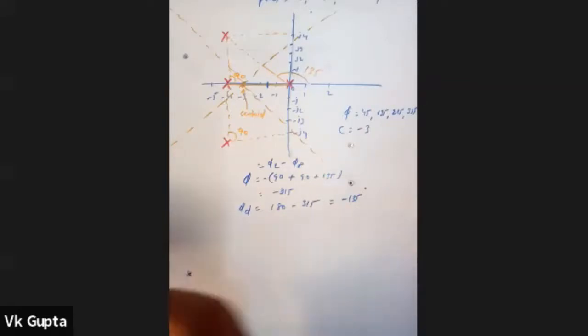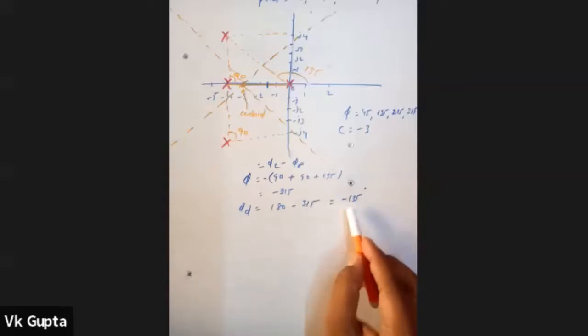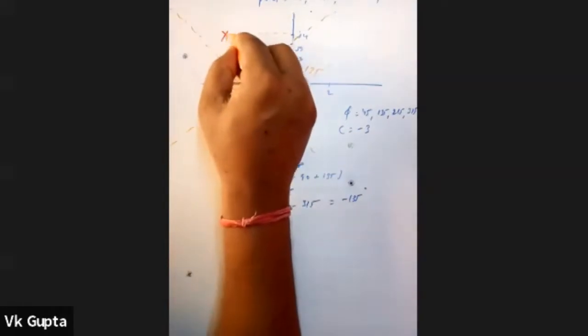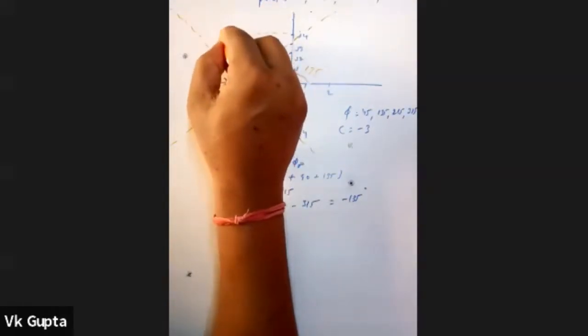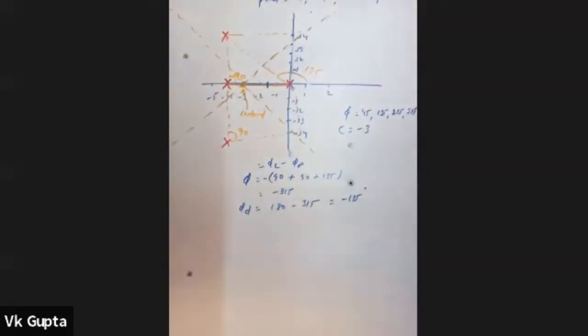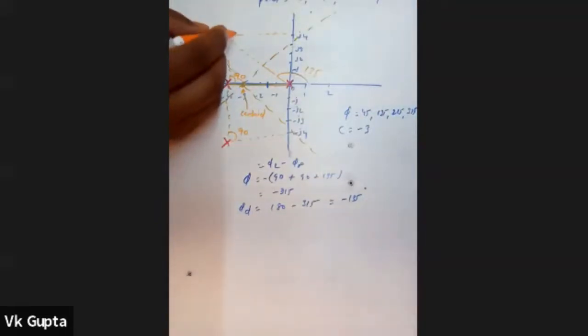So angle of departure will take place at minus 135. So let us mark 135. This is 90, 180 somewhere here.